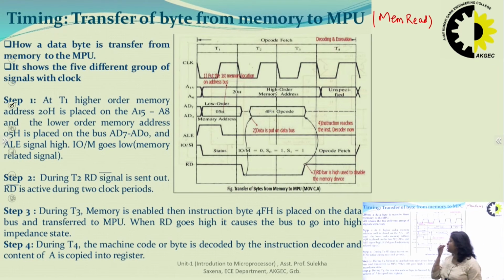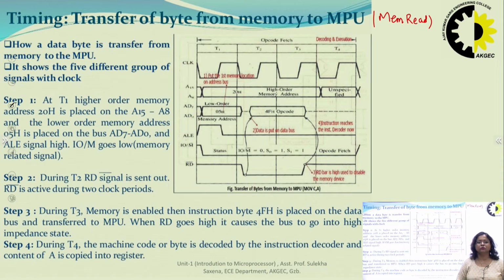At T1, the higher order address is placed on A8 to A15, and the lower order memory address is placed on AD0 to AD7, and at T1 ALE will be high and IO/M bar goes low.